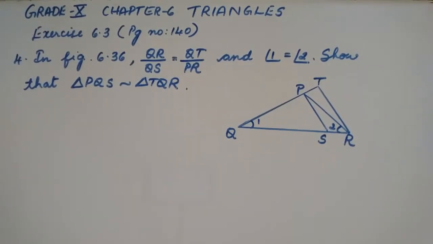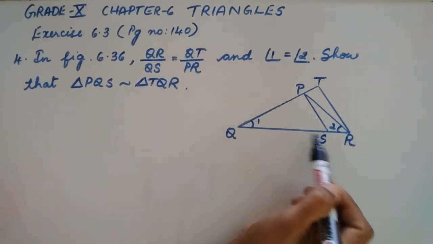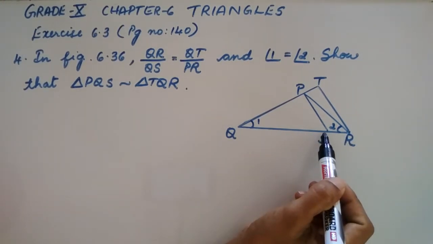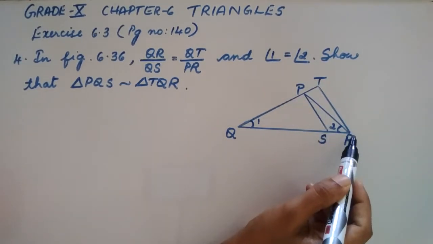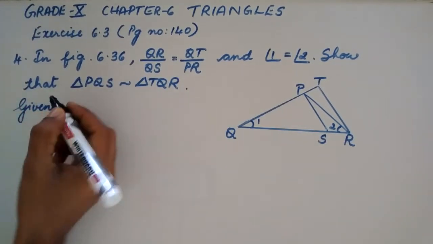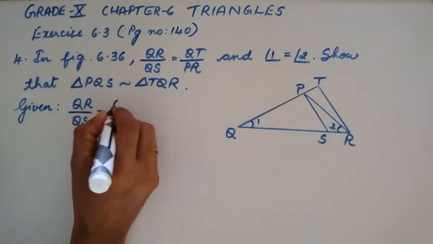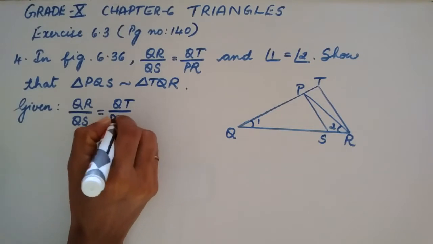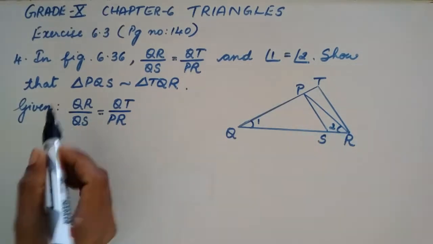So now, what is the given thing? Yes, given thing is QR by QS is equal to QT by PR. So let us first write the given: QR by QS is equal to QT by PR, and then angle 1 is equal to angle 2.